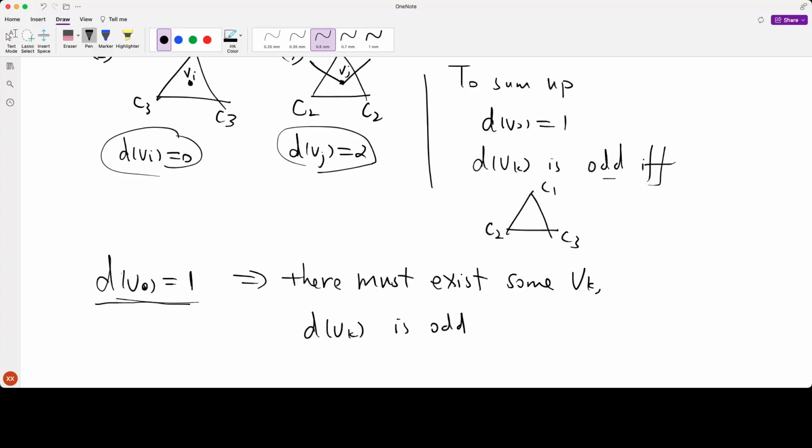In this case, its only possibility is it equals 1. And then we find a triangle with three colors. Okay?